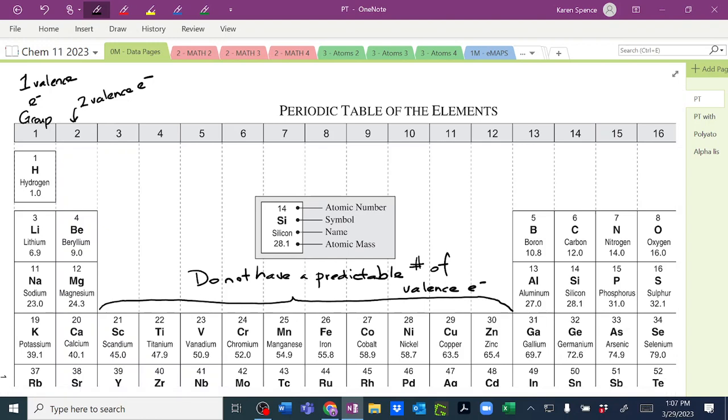But when we get to group 13, we start having a predictable number again. So group 1 had 1, group 2 had 2, group 13 has how many? 3 valence electrons. And group 14, guess what? 4.